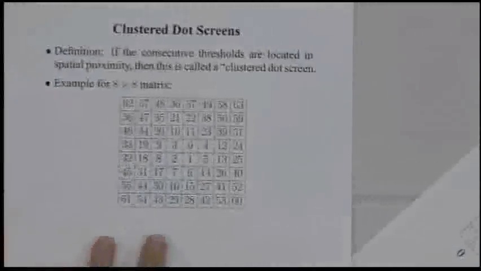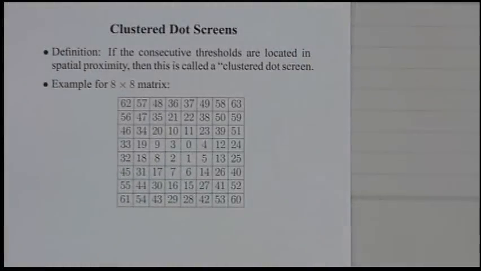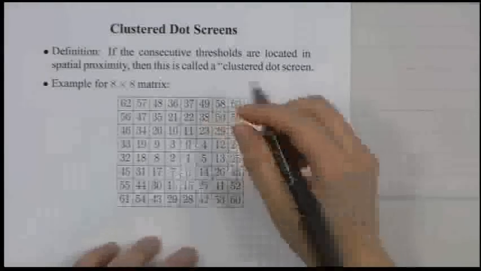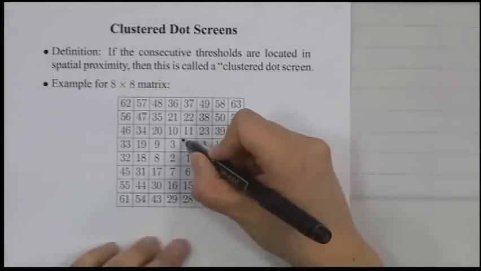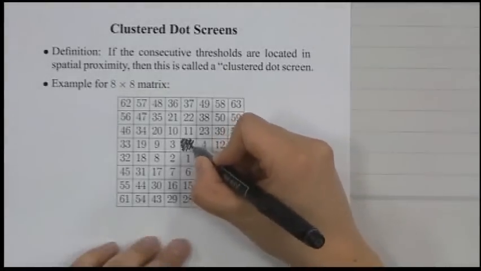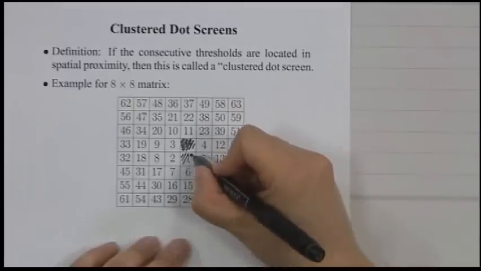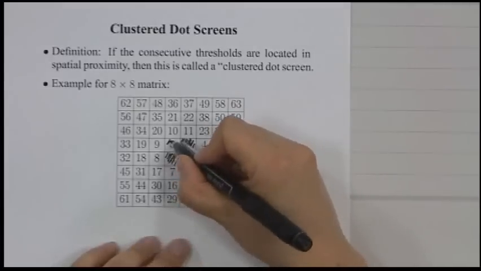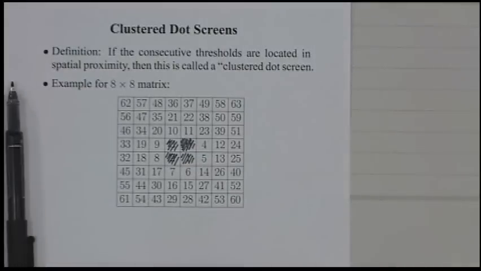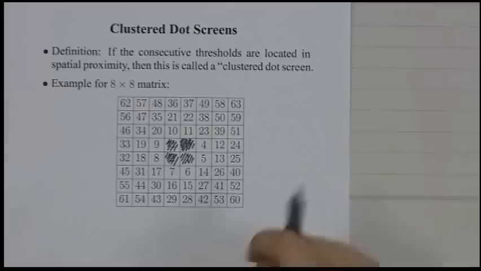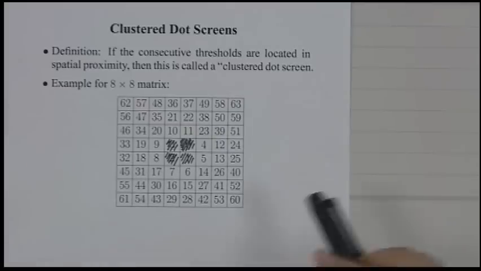For example, clustered dot screens. When we change the gray level, first we see a dark dot here, and then it grows like this, and it always forms one cluster. So basically we change the dot size as the gray level value increases.